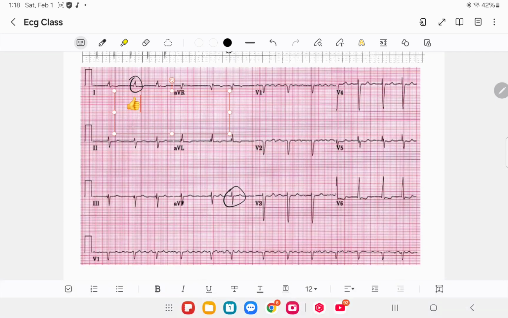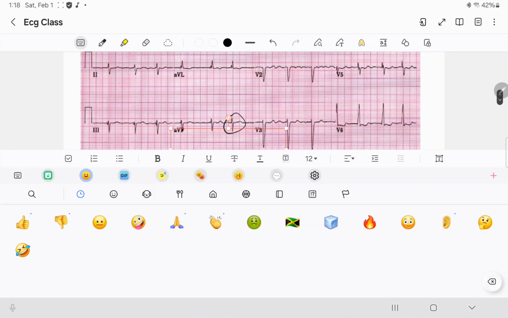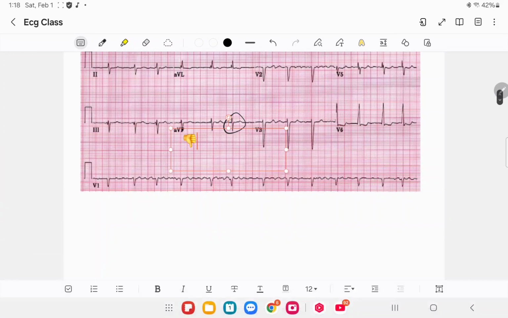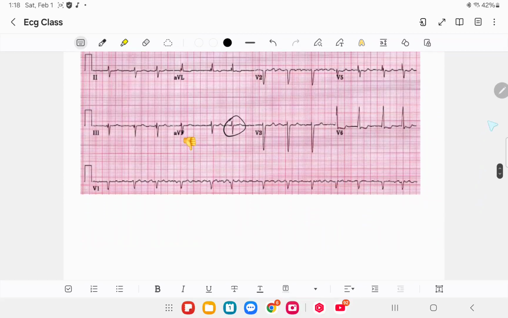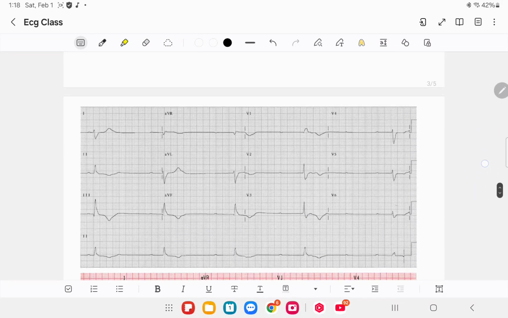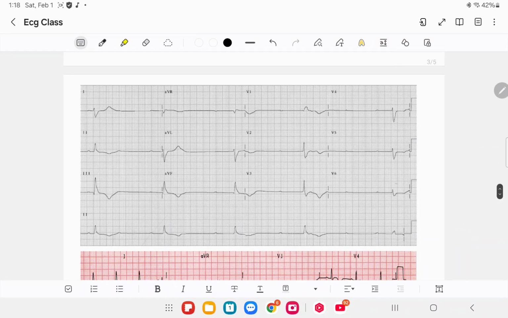So that's a thumbs up, and then this would be a thumbs down. Alright, and therefore this will be left axis deviation because we're going with the left thumb. Alright, cool. Moving on.